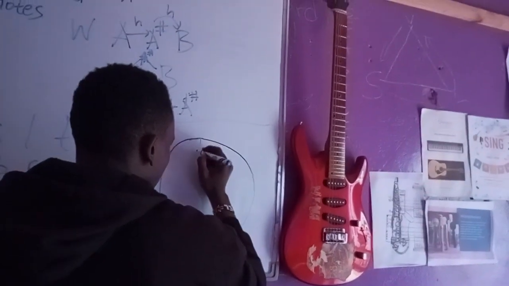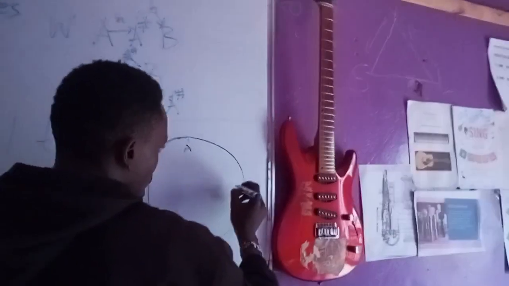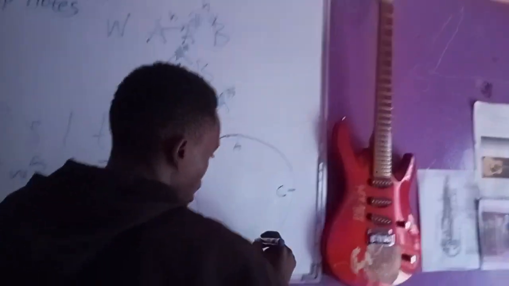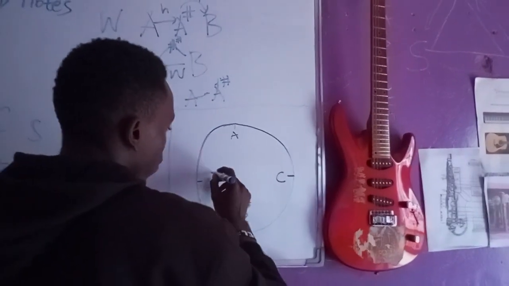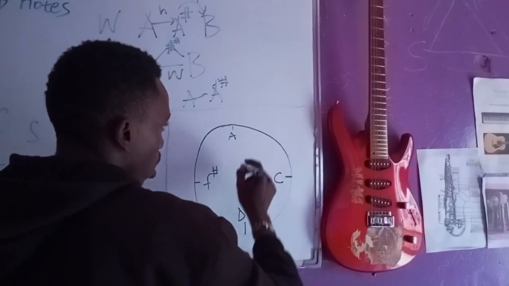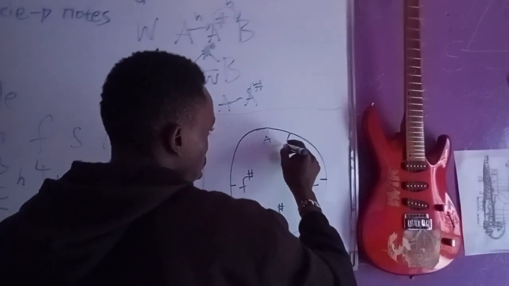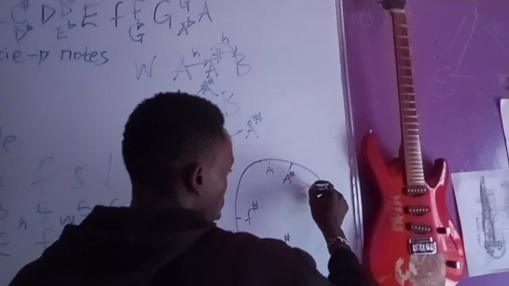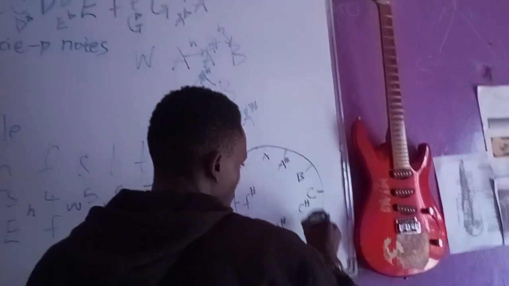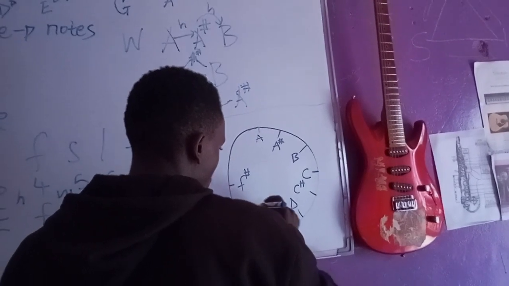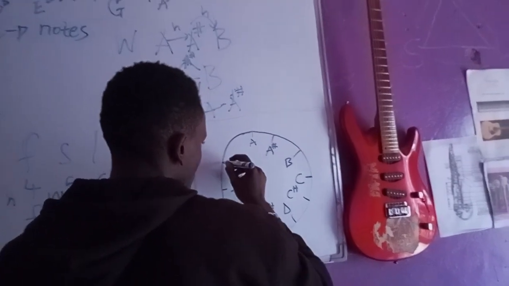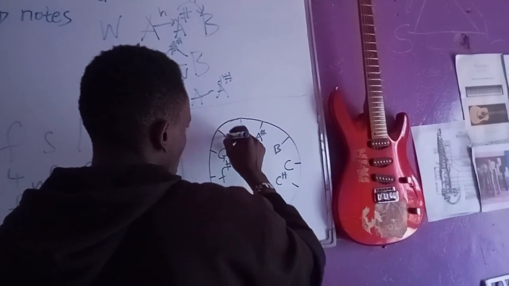So, let us have A here, and we have C here. Let us have D sharp here and F sharp here. Then we have, after A, A sharp, then B, then C sharp here, and then D, then E, then F, G, G sharp.